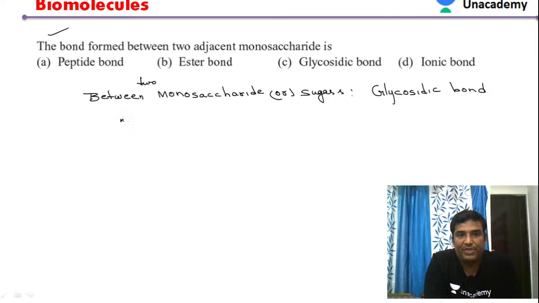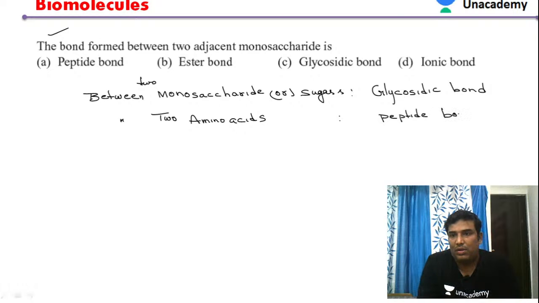Similarly, between 2 amino acids, the bond is called a peptide bond. Peptide bond is present between the 2 amino acids.